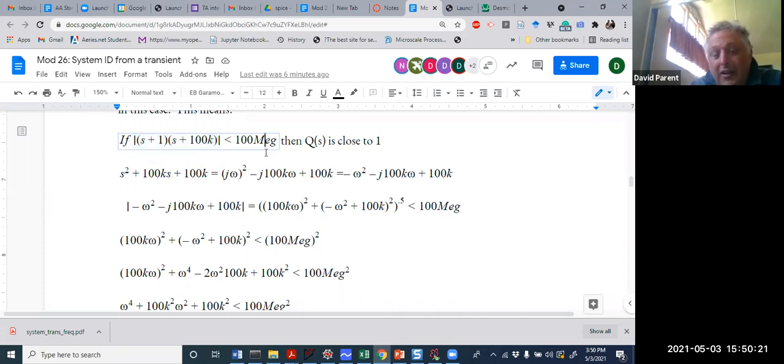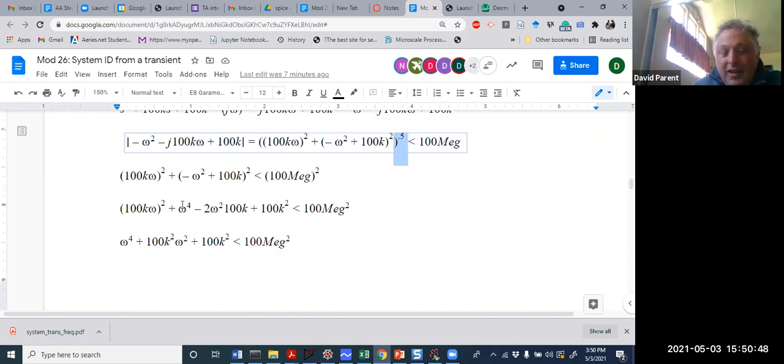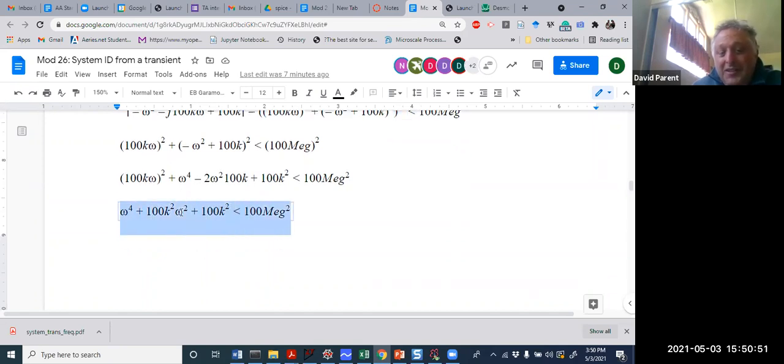All right. Of course, I took it a little bit farther where, all right, let's calculate, and you can come back later to look at this yourself, but let's come up with this equation. Let's multiply everything out. And I went and found the magnitude. Of course, that's the square root of it, which makes it kind of hard to evaluate. So I square both sides and I come up with this kind of equation, which is a bit of a monstrosity where I have omega to the fourth plus something times omega to the second plus a constant, right?